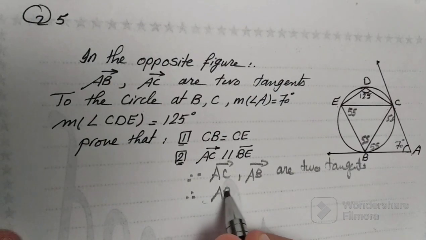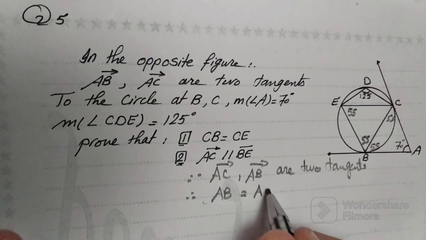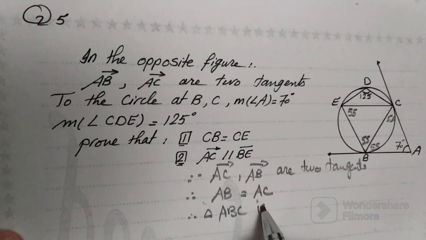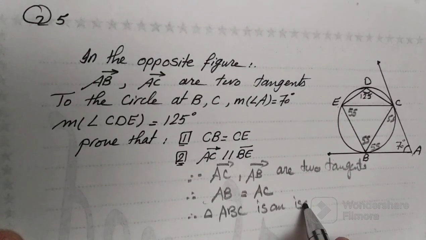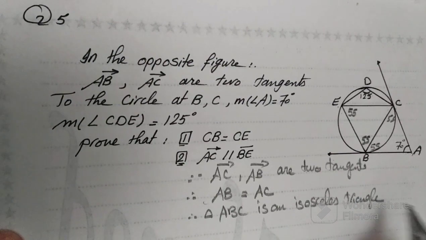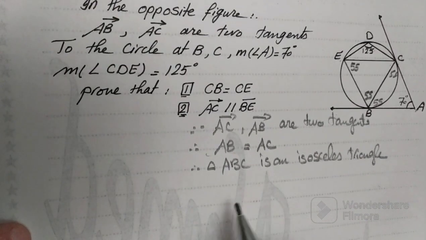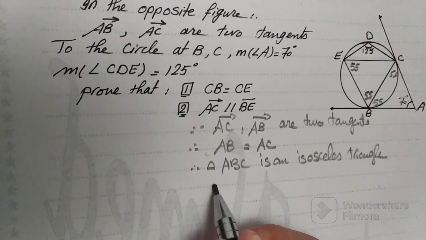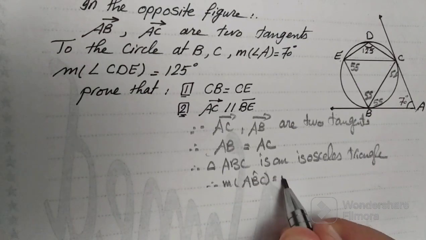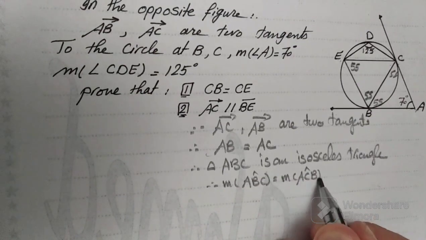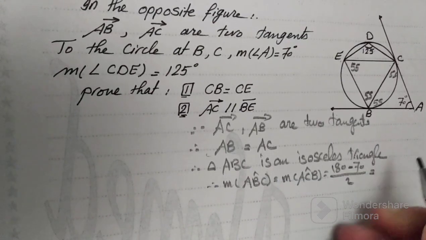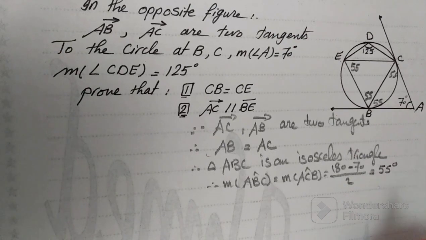therefore AB equals AC, therefore triangle ABC is an isosceles triangle. Okay, therefore the measure of angle ABC equals the measure of angle ACB equals (180 minus 70) over 2 equals 55 degrees.